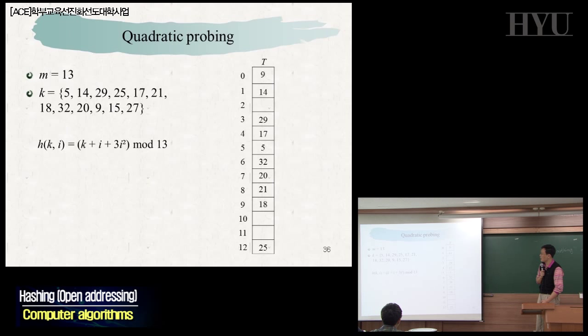And then let's see. It is 15 and 27. Check 1, 2, 3, 4. And then it is not empty. So in this case, i is 2. Calculate.